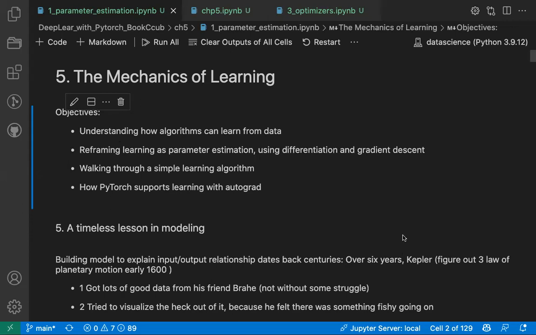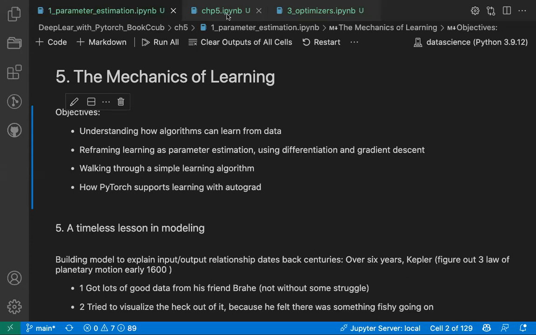So it is fine if we don't understand the first process. That is the manual way of understanding how deep learning works. In the next step, using PyTorch autograd, it will abstract all the process of learning.